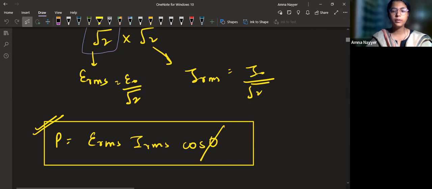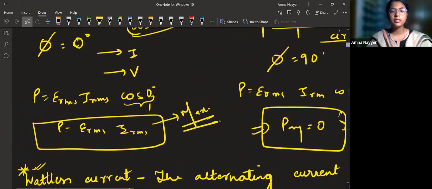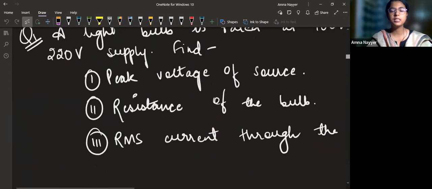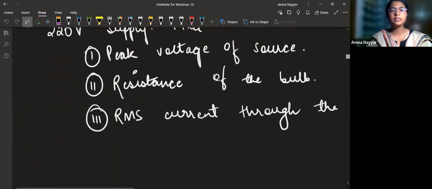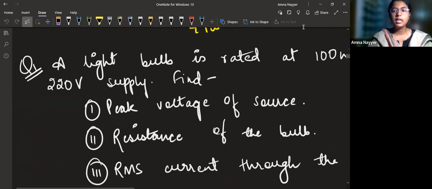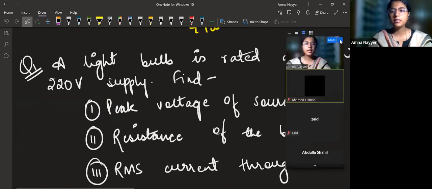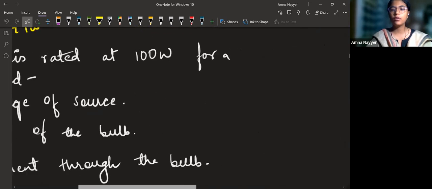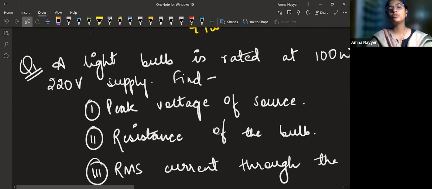Let's do one question on this. This proof we did. Okay, let's do this question. A light bulb is rated at 100 watt for a 220 volt supply.